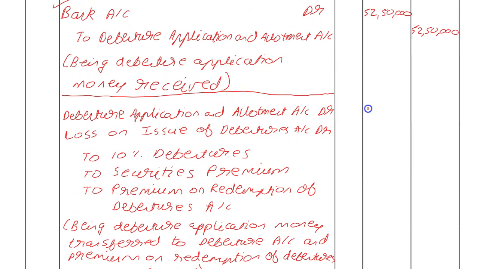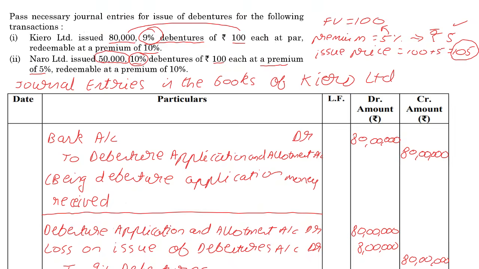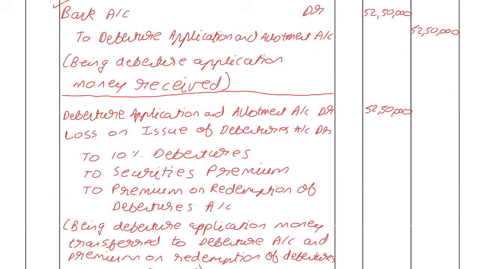Now, the important part are the numbers. That 52 lakh 50,000 as it is gets copy pasted here. That 52 lakh 50,000 at the end of the day was 50,000 into 105. Now it will be 50,000 separately into 100, which will be 50 lakhs, and 50,000 separately into 5, which will be 2 lakh 50,000.